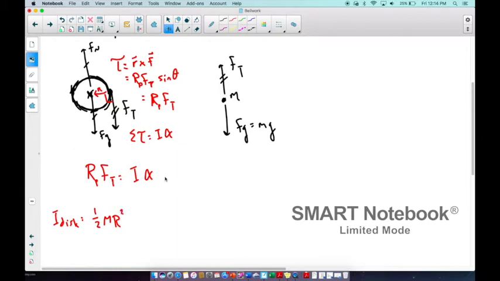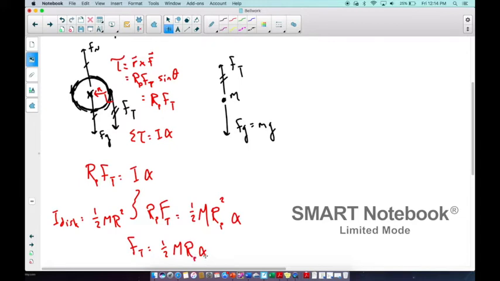Yes, for a disc, 1/2 mr squared. All right. So I can put that in right here for this I value, and I can start to neaten this up. I have an R on both sides that can divide away. So I get that my force of tension equals 1/2 m R alpha. I know m, I know the radius of the pulley.